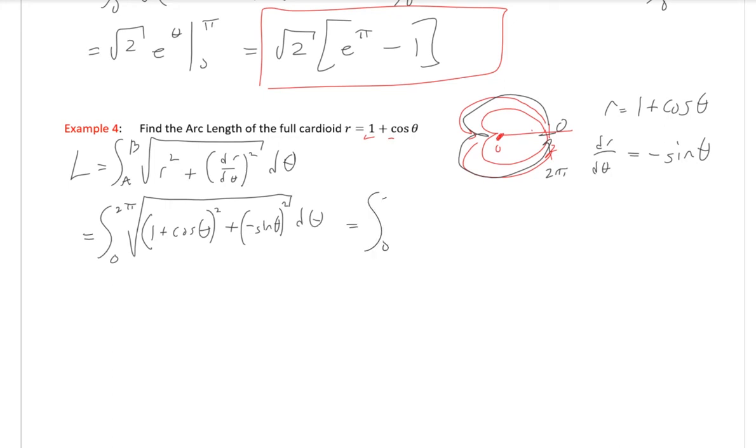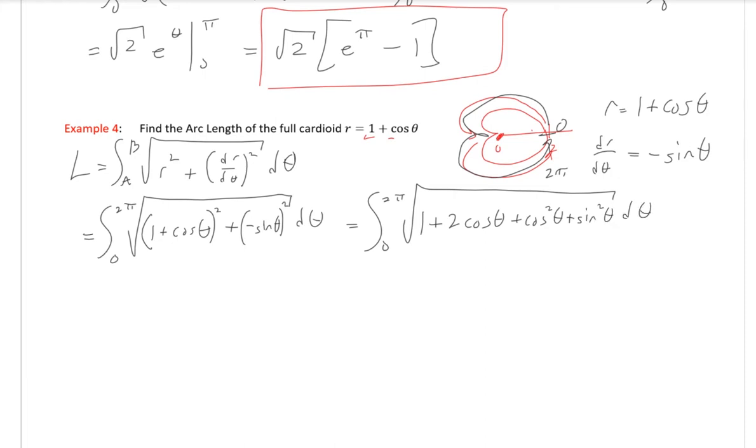This gives us the integral from 0 to 2 pi of the square root. The first one squared will give us 1 plus 2 cosine of theta plus cosine squared theta. And the second one will just give us a plus sine squared theta.